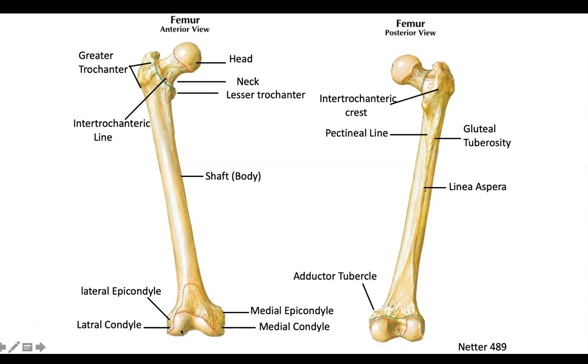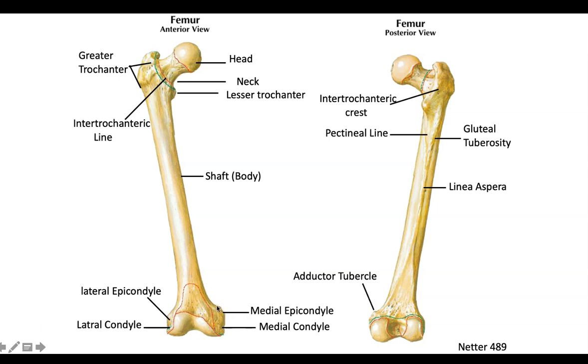The distal end of the femur has two condyles, the medial and lateral condyles, which articulate with the medial and lateral condyles of the tibia and form the knee joint. The medial surface of the medial condyle has a conical bony projection, the medial epicondyle, and the lateral surface of the lateral condyle has another bony projection, the lateral epicondyle.